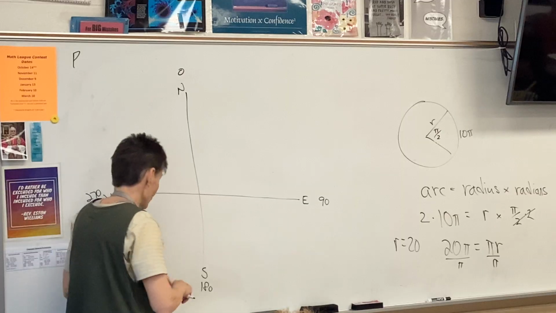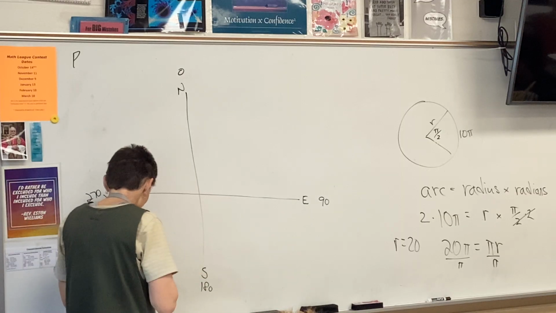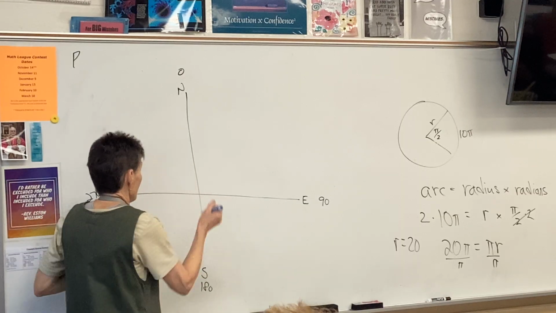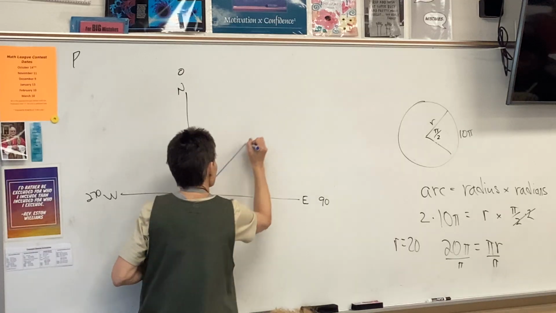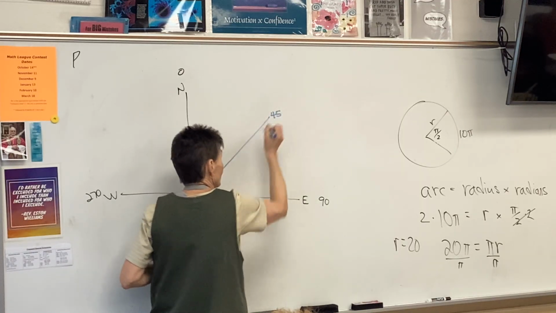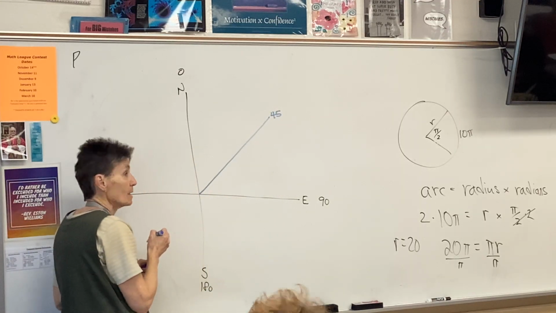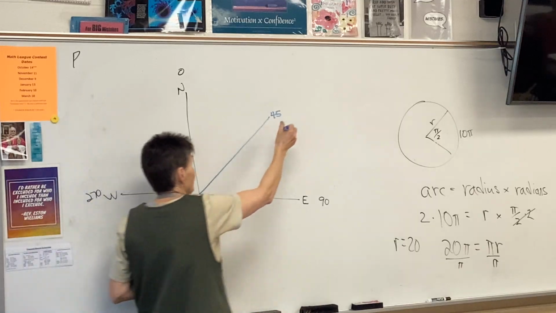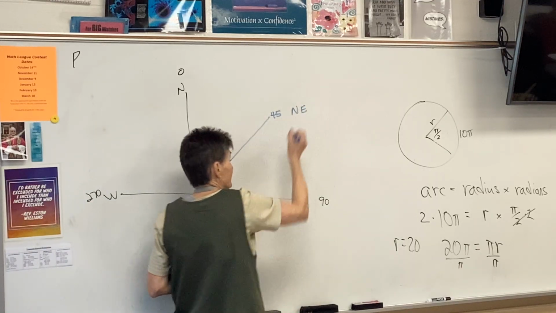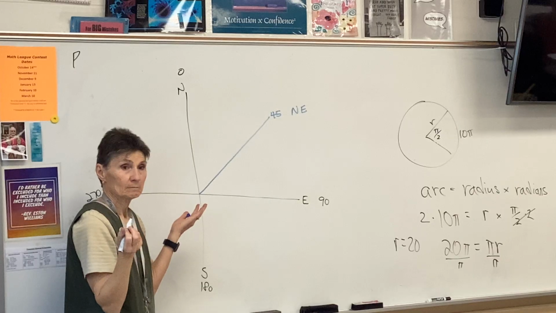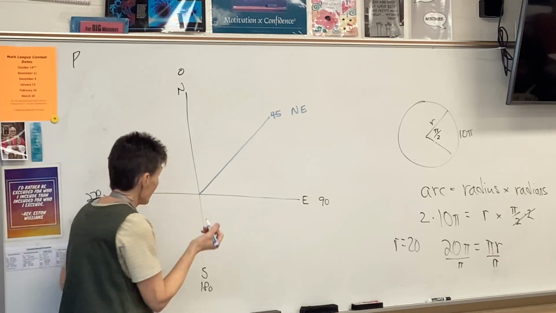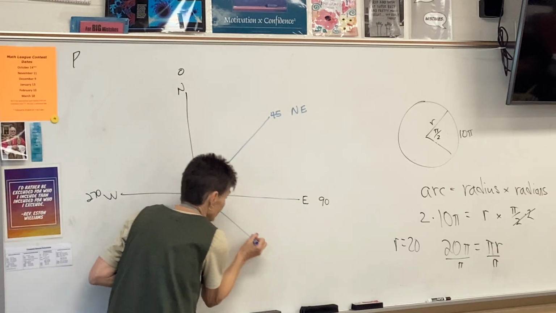Now, you're smart people. You know that if I split this exactly, make this a 45-degree angle, this direction would be called northeast. Is that okay? And then I'll split this one.